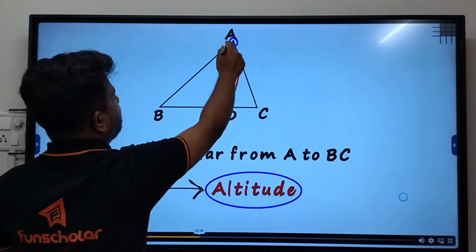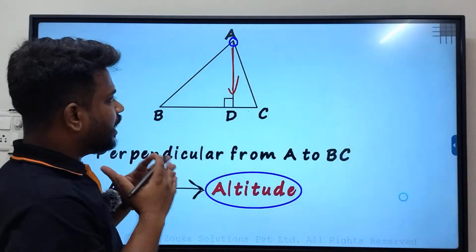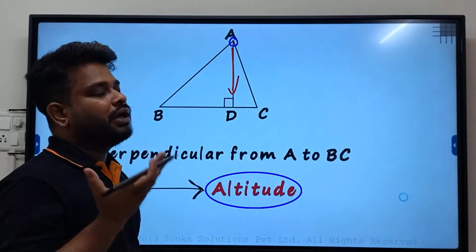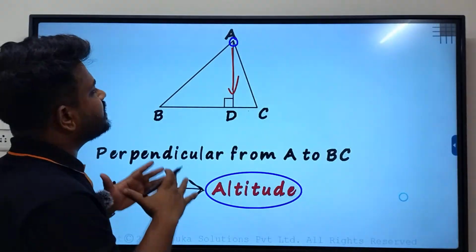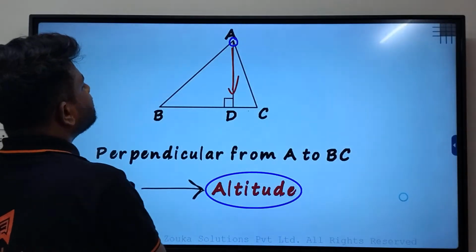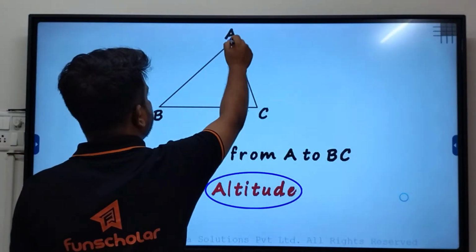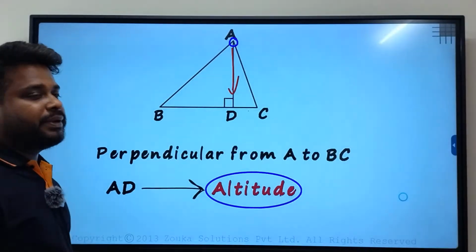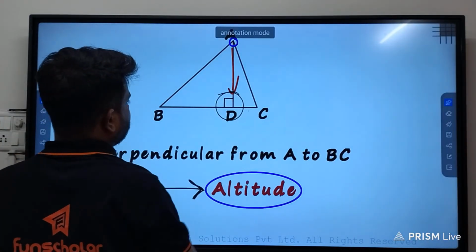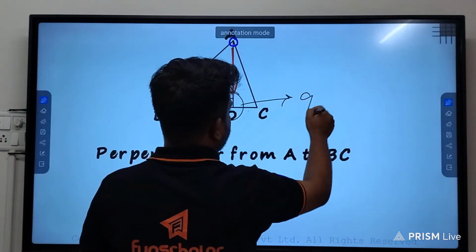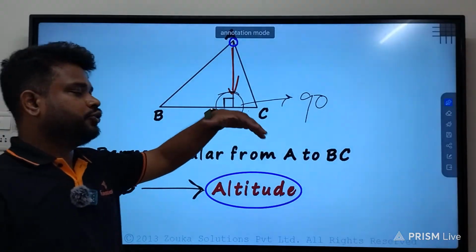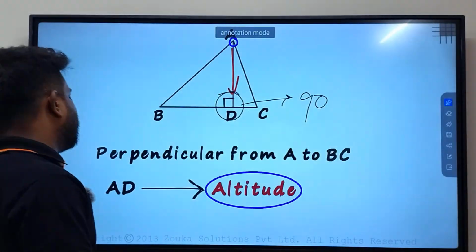Perpendicular means 90 degrees, and you can draw it with the help of a protractor, or with a normal pencil and compass, and we will discuss how we can draw it. The angle between them has to be a 90 degree angle, and generally we use this sign to showcase the 90 degree angle.